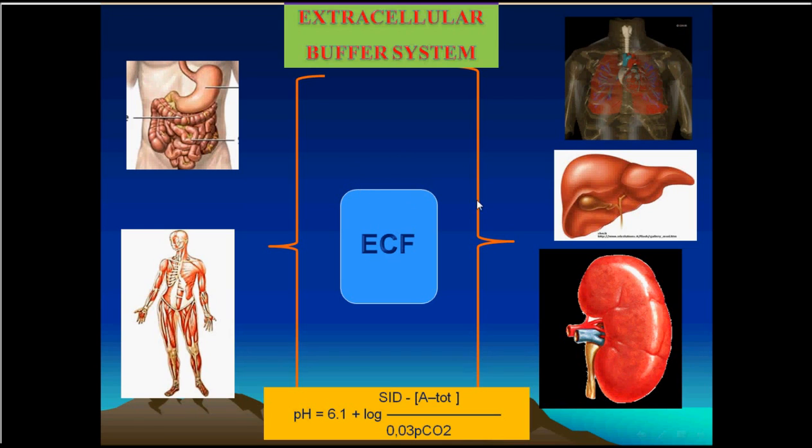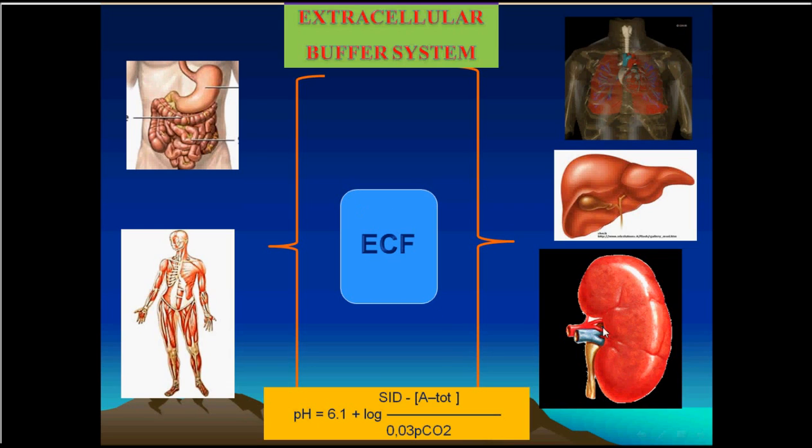But if something wrong happened, such as overproduction of the acids beyond the capacity of the lung to clear it, this will lead to more retention. Or overproduction of the acid beyond the capacity of the kidney to clear it, or to reclaim the bicarbonate, or to synthesize the bicarbonate, this will lead to some sort of acidosis.